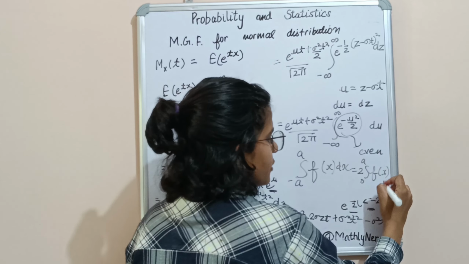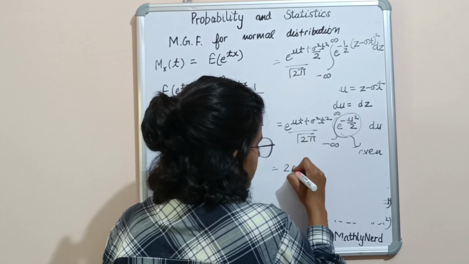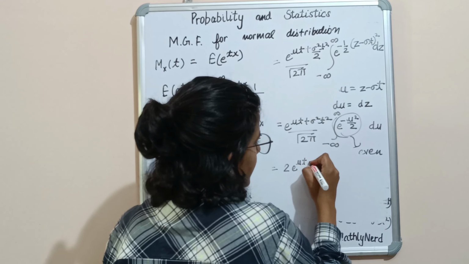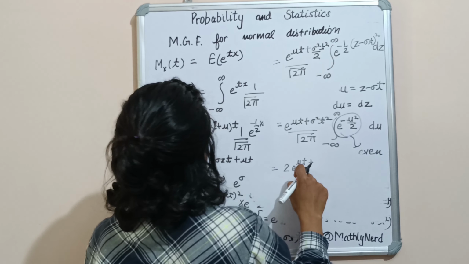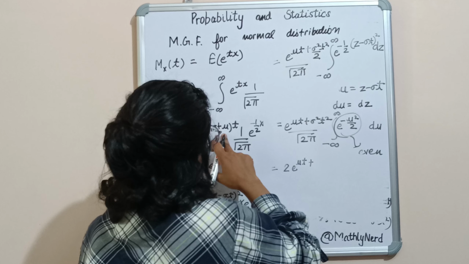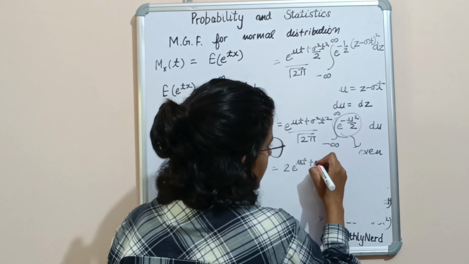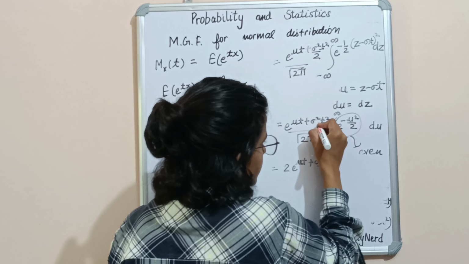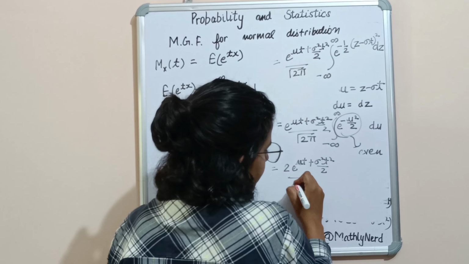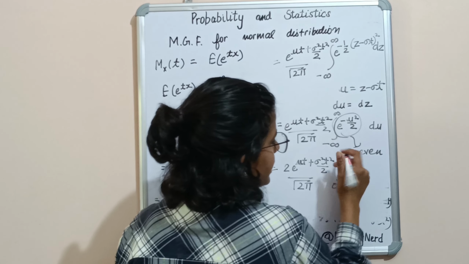So we can write this expression as 2 times e raised to power mu t plus sigma square t square by 2, divided by under root 2 pi, integration 0 to infinity.